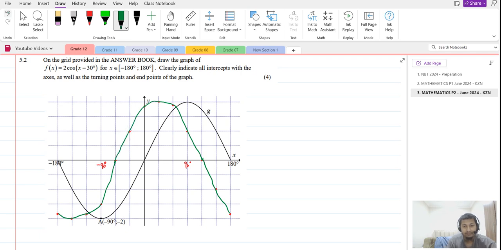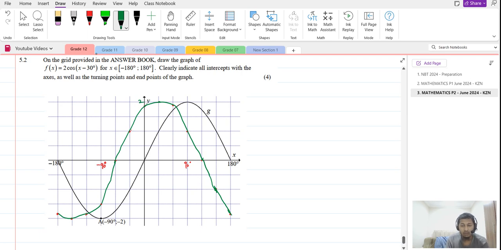So just this point here, let me try to smoothen this out. Trying to get this point right. That's 2 there, and it should be fine. Sorry about this point here.